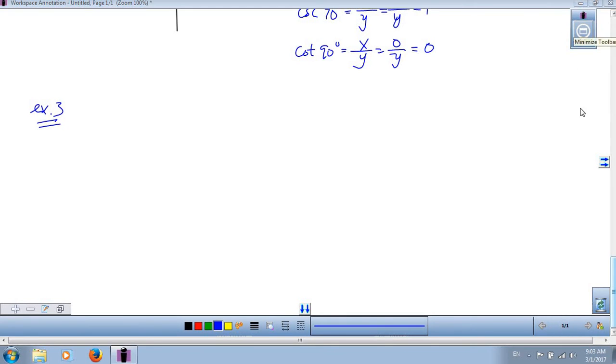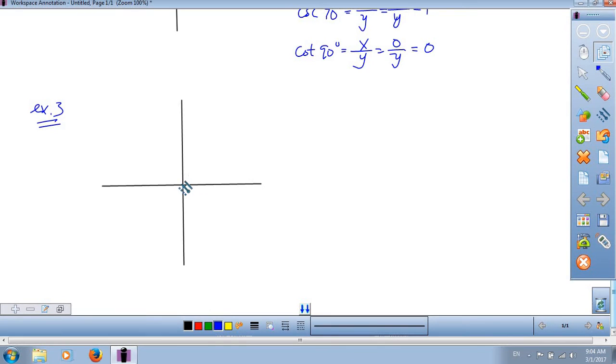We're just going to make up some angle here. So let's say we have an angle somewhere here, and we have a terminal point.